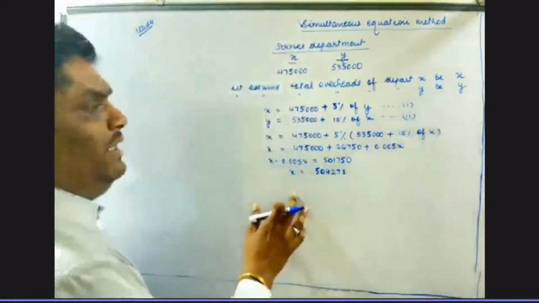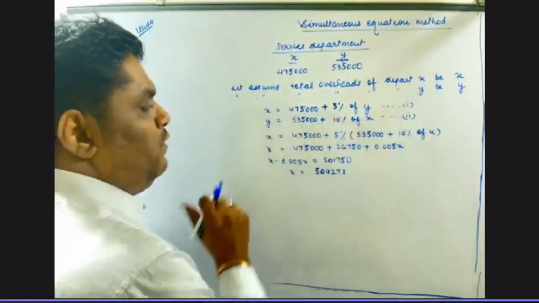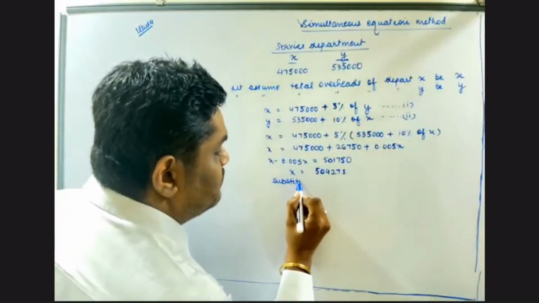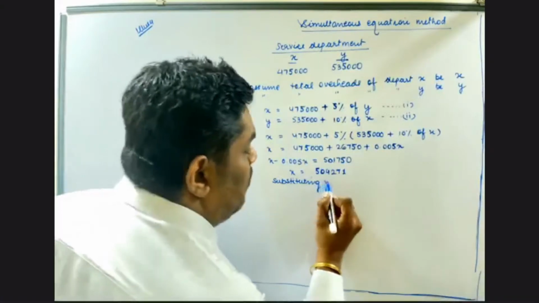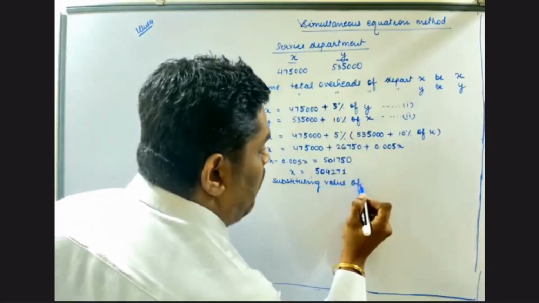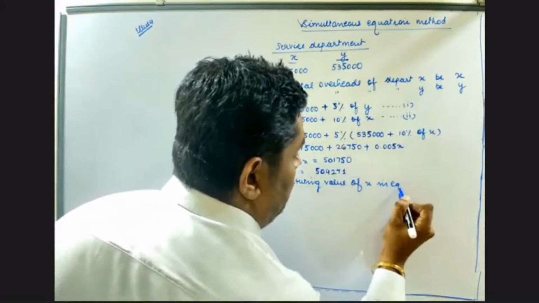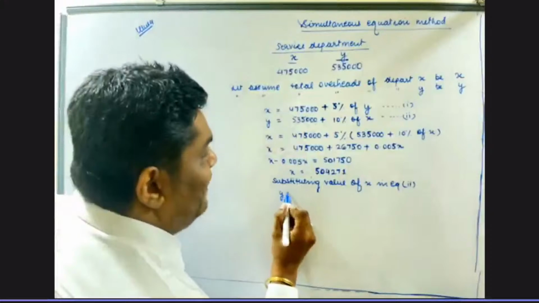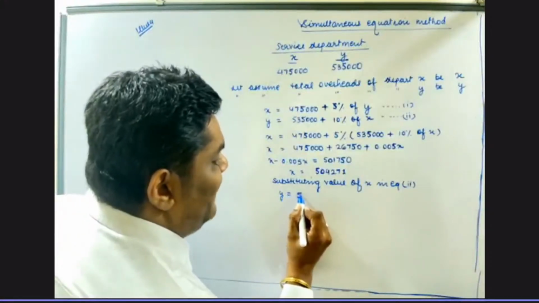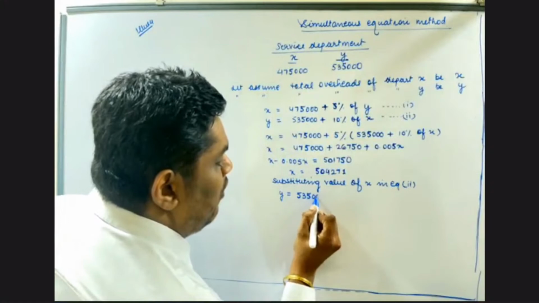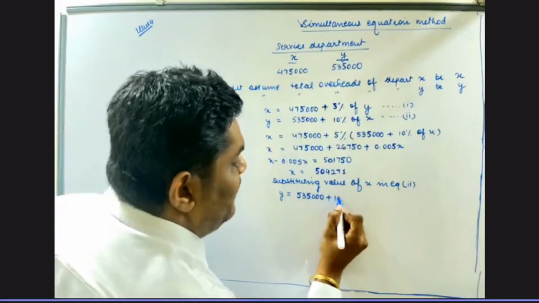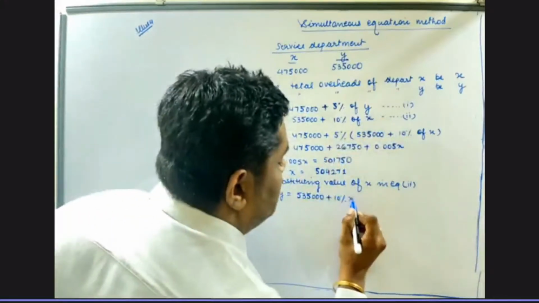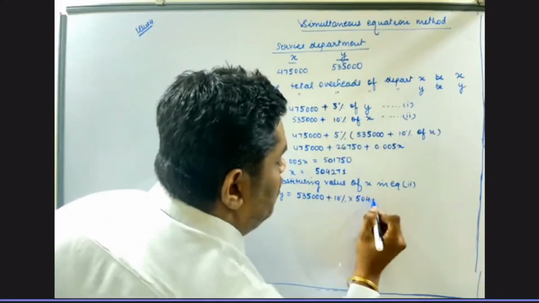So y will be equal to 5,35,000 plus 10% of x, and the value of x we have already calculated, that is 504,271.